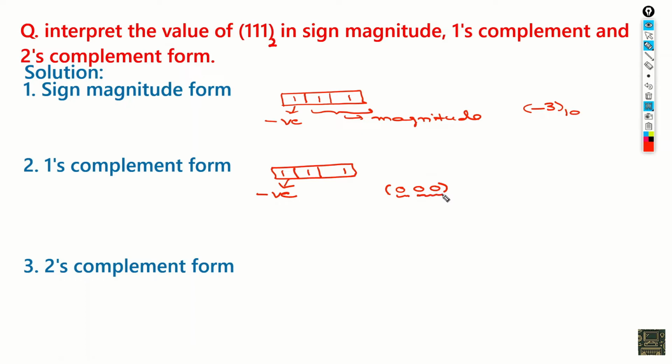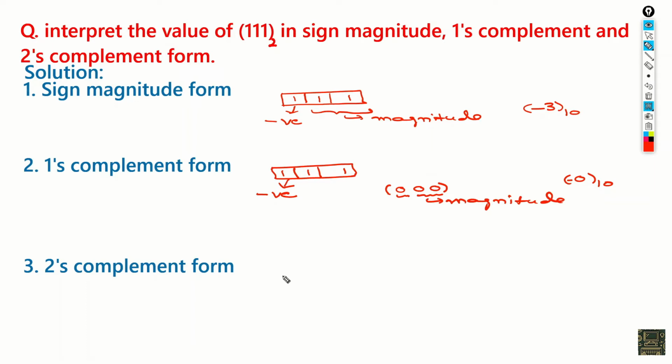So the magnitude of the number is 00, and this is nothing but 0. So I will have minus 0 in decimal number system. So this 111 is nothing but the representation of minus 0 in decimal number system.